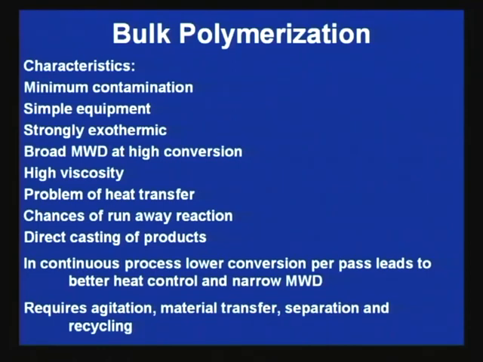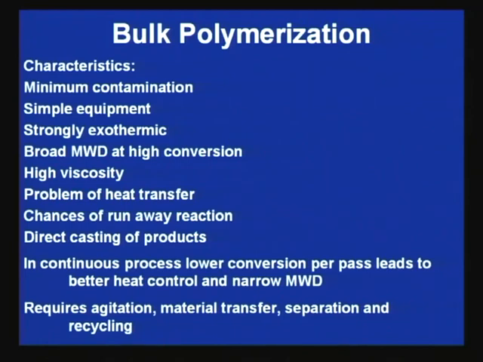So, actually in the final polymer mass, the low molecular weight fractions might be formed at the later stages, because those low molecular weight chains may not be able to diffuse enough through the viscous mass, and that may get terminated.